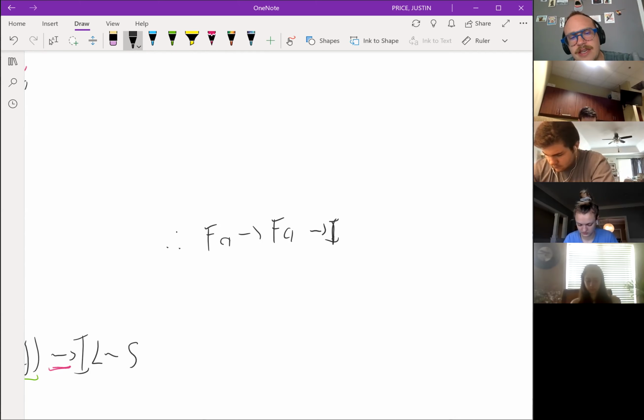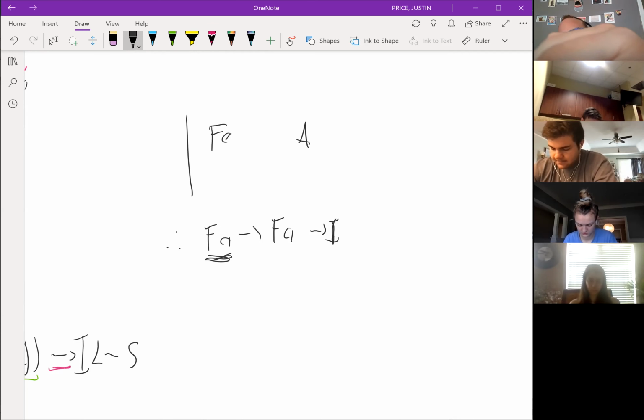It has to be the antecedent, so FA. Now, there's a rule that lets us reiterate things, because once we have something already in our derivation, we can just say it again.